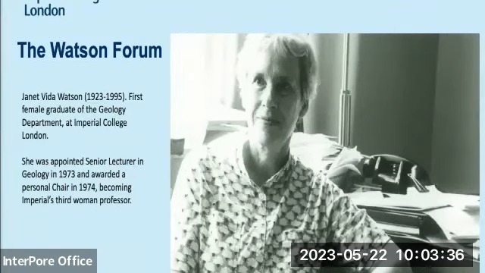So I chose Janet Watson, partially because she was quite distinguished. She was the first female graduate of our department at Imperial College, and she became Imperial's third woman professor. So that was a great role model. In addition to that, my PhD scholarship had been a Janet Watson scholarship. So I thought, okay, this is a great combination.